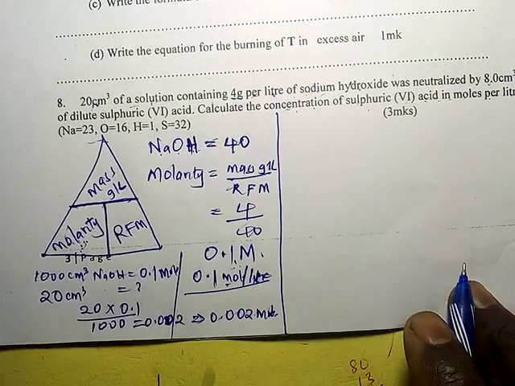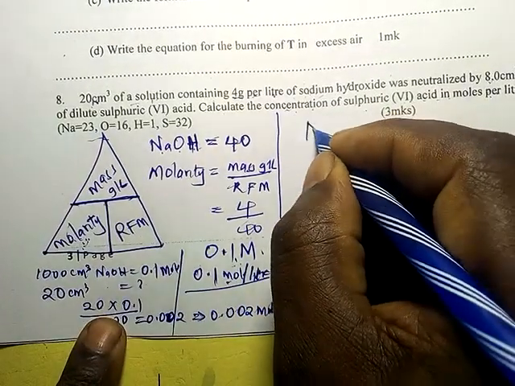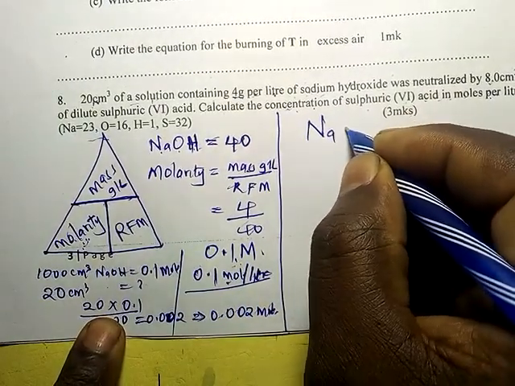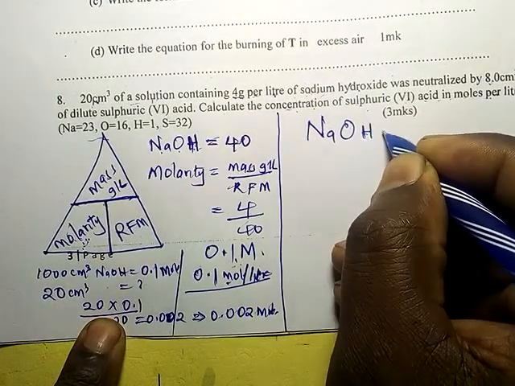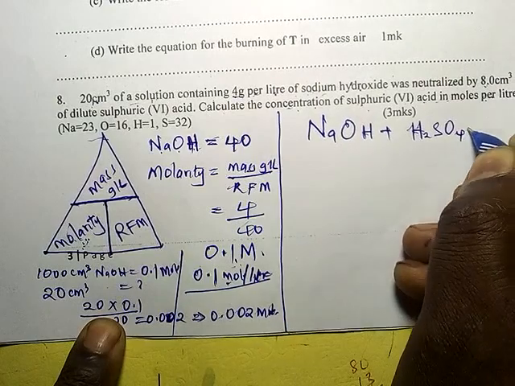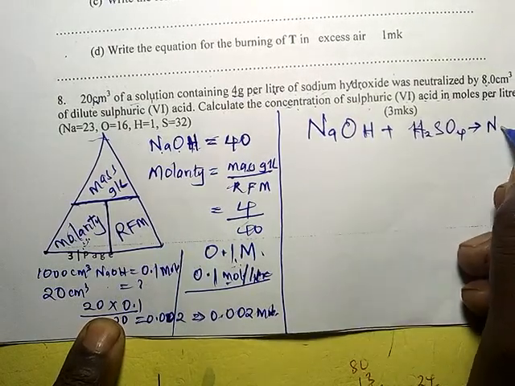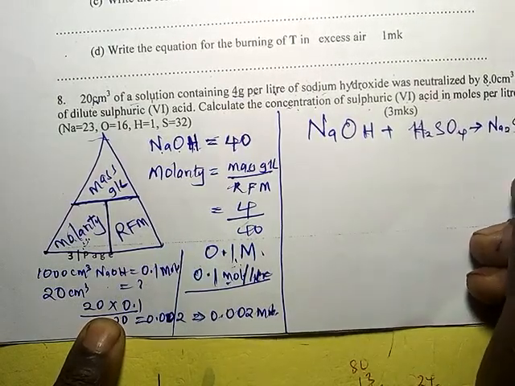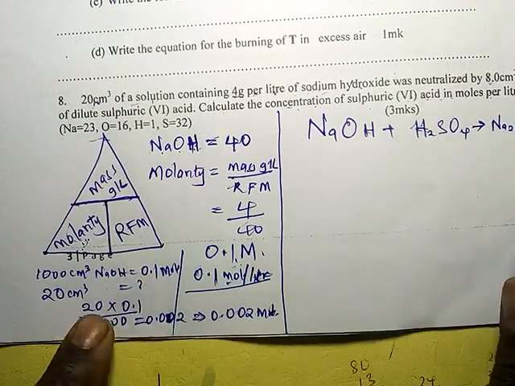Next, let us check the relation. We have to write a balanced equation. Sodium hydroxide reacting with sulfuric acid gives us sodium sulfate plus water.